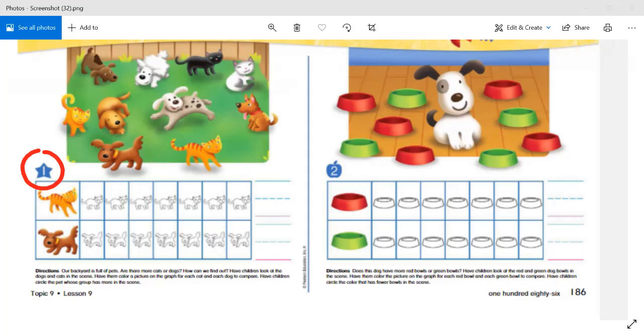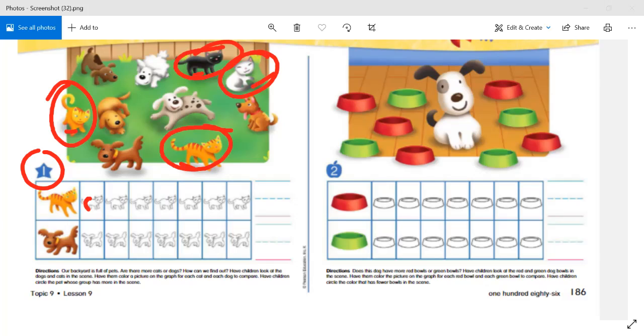So let's start by counting the cats. An easy way to count the cats would be to circle them. So let's circle the kitty cats. Okay, so how many cats are there? 1, 2, 3, 4.